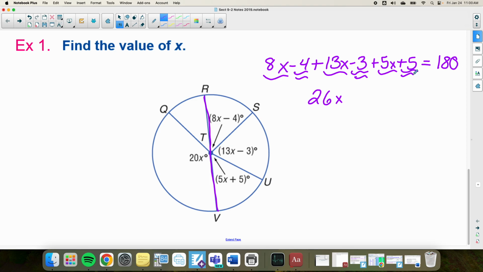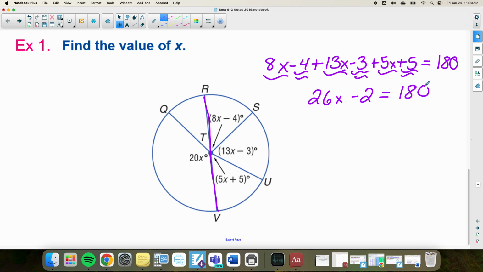One thing I should have said when I was adding the x's together, some kids, when they're combining like terms, will think, oh, but I have to subtract the 13x and bring it over here. That's only if the 13x is on the opposite side. So here you're just using the signs in front of them. And so for here I have negative 4, subtract 3, which is negative 7, plus 5, which is negative 2.